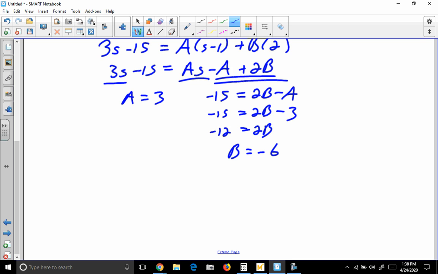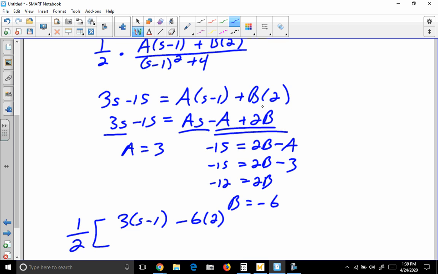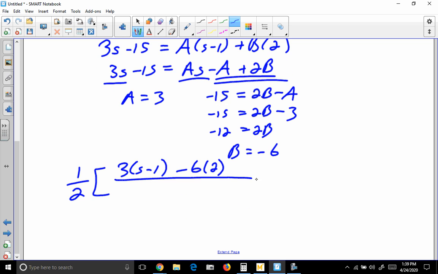So for our fraction, we're going to have 3 s minus 1s, and we're going to have minus 6 2s, over s minus 1 squared plus 2 squared.